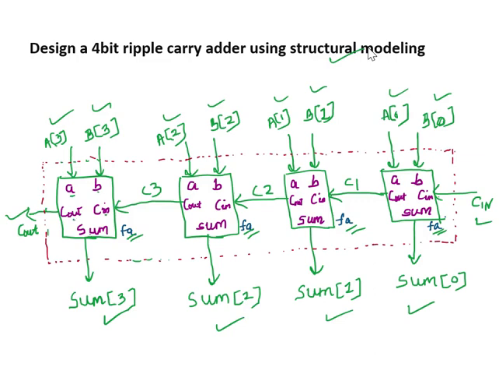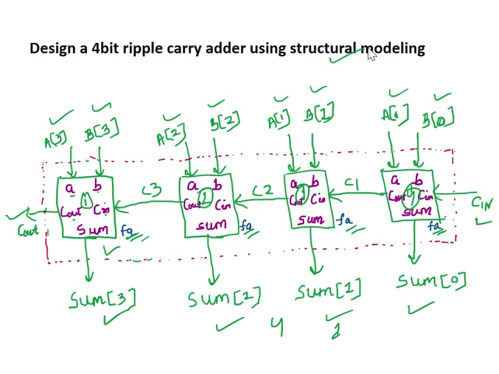All these modules are replications of a single module. So this is one module, second module, third module and fourth module. So I am using four single-bit full adders and designing a 4-bit ripple carry adder.